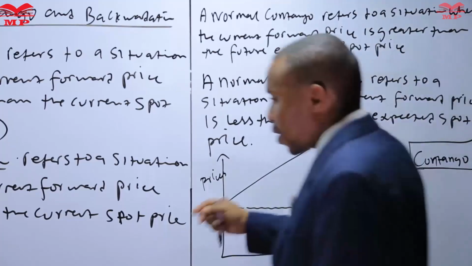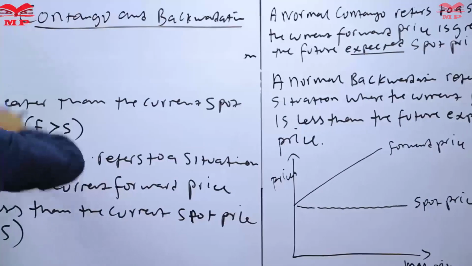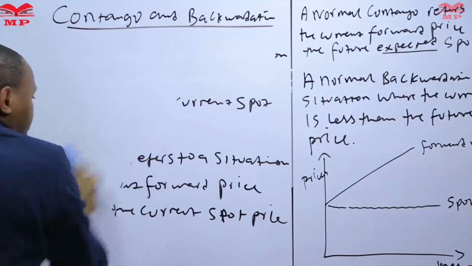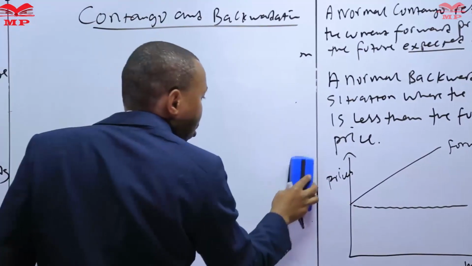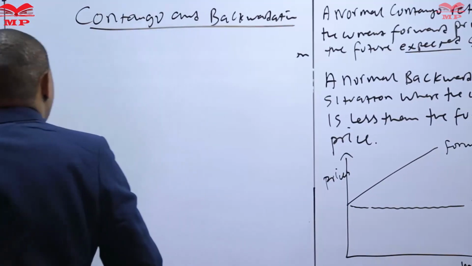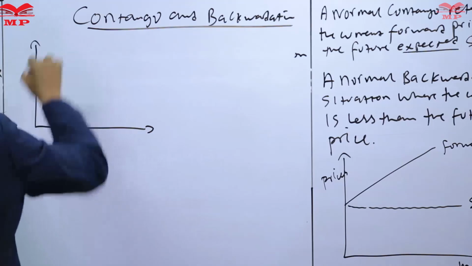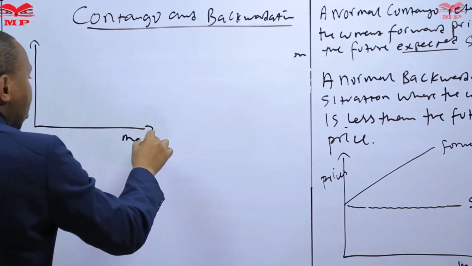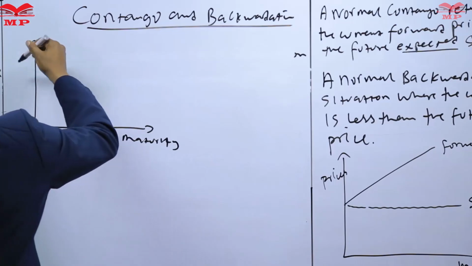Now on this other side, I can draw a graph that shows us what the backwardation scenario looks like. So here we have maturity, and here we have the price.